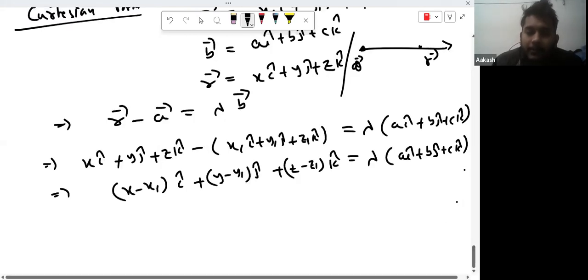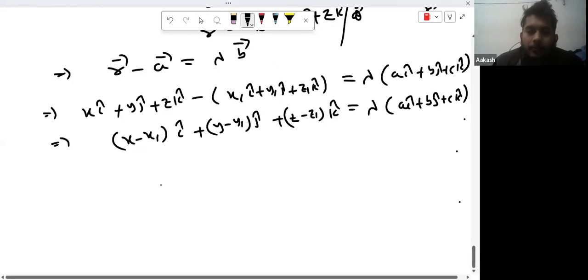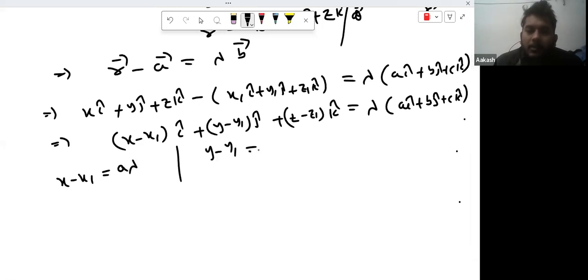Now if we compare these two, we can say x minus x1 must be equal to a lambda, y minus y1 must be equal to b lambda, sorry, z minus z1 should be equal to c lambda.